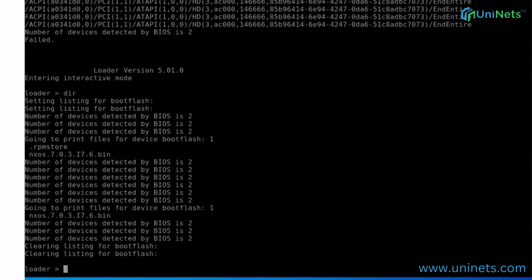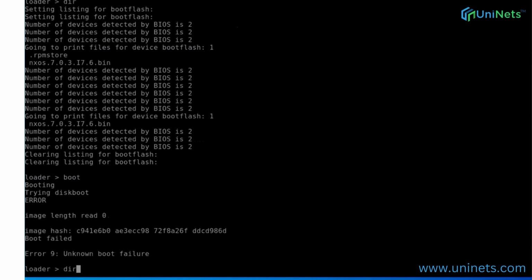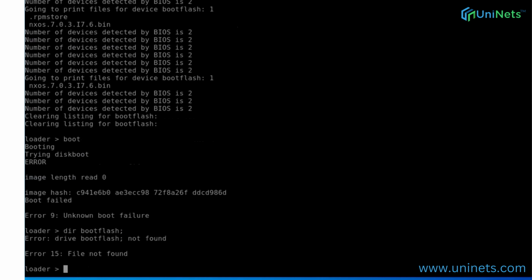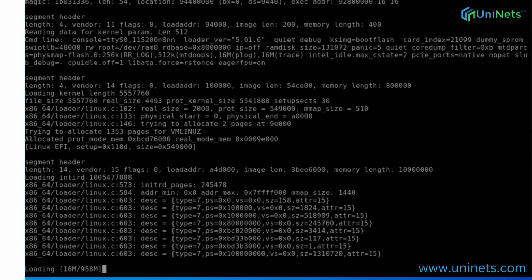I think this seems to be good now. It's showing Nexus. Boot flash. Okay, it is working now, I believe.